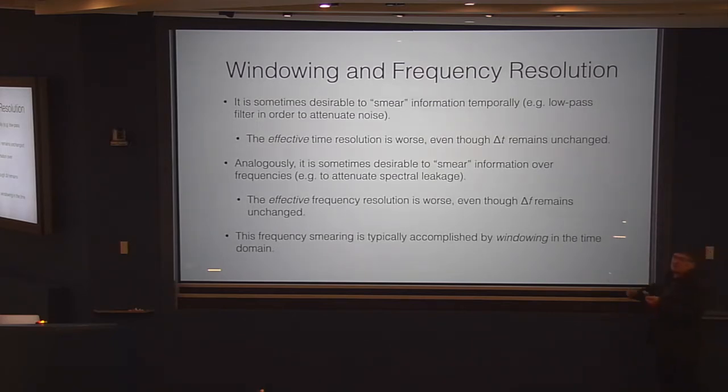Or the other way around, you do something in the time domain, and it causes this frequency smearing. And the way that it's actually easiest to do this is if you window in the time domain, which just means that you've got your data and you put like a Hamming window or a Hanning window or a Kaiser window, something that is 0 and then goes up to 1 and then goes back down to 0. And it turns out that's a very simple way to change the frequency resolution.